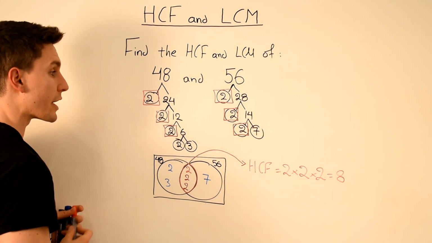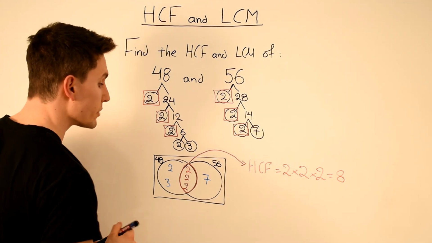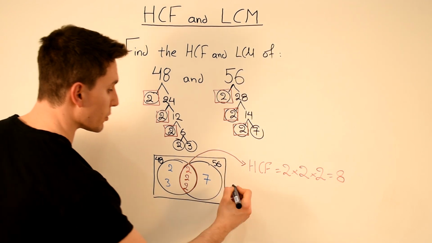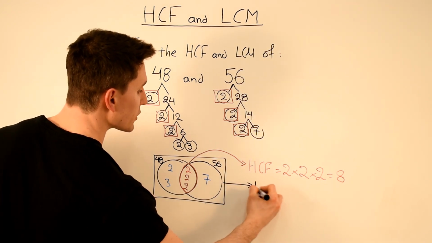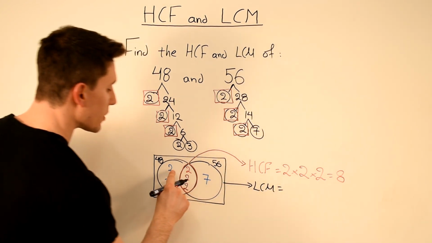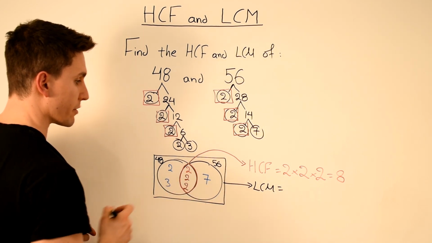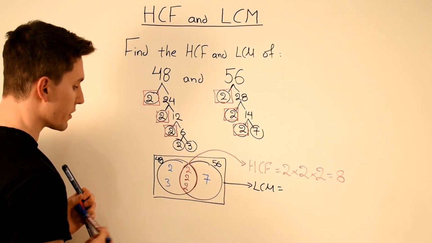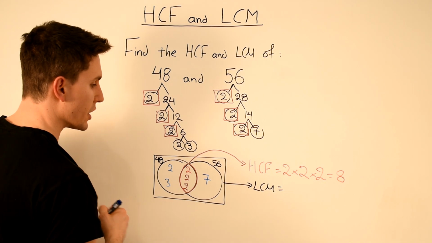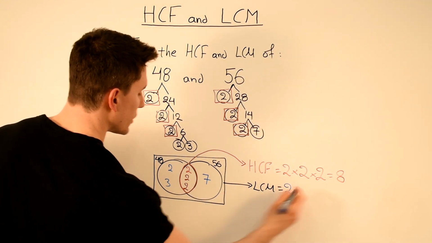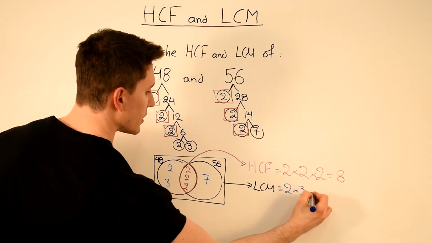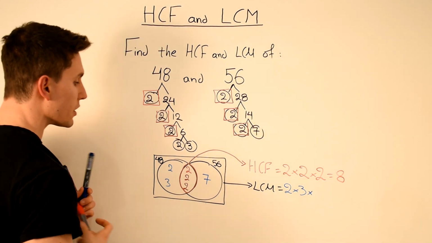We've also got to work out the lowest common multiple. Now how do we do that? The lowest common multiple will be calculated by multiplying all of the numbers that appear inside a Venn diagram. So we need to start with this 2 and the 3. So we'll have 2 times 3 times, and now we've got the numbers in the middle.